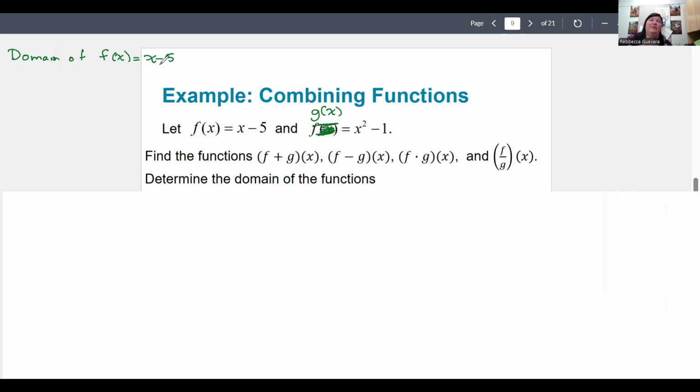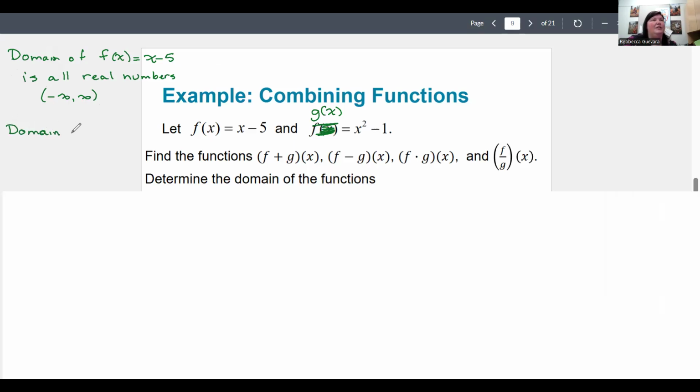So here we don't have a radical and we don't have a square root to worry about. So this one here is defined on all real numbers. Or you might say negative infinity to infinity.